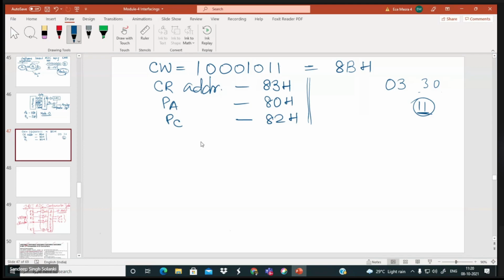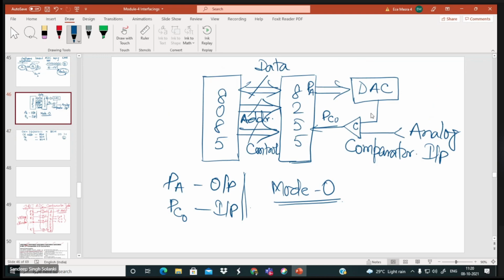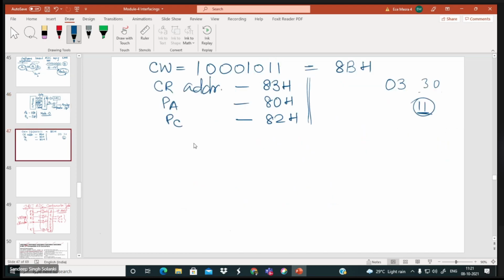Keep in your mind that a register will be required. Then next we'll have to go for the initialization of our port, because already we got the idea that this is possible with this diagram, and for this diagram you require a configuration. So here I'm going for configuring the port.